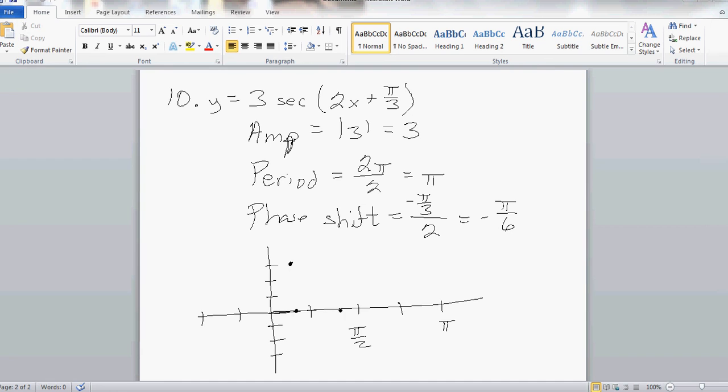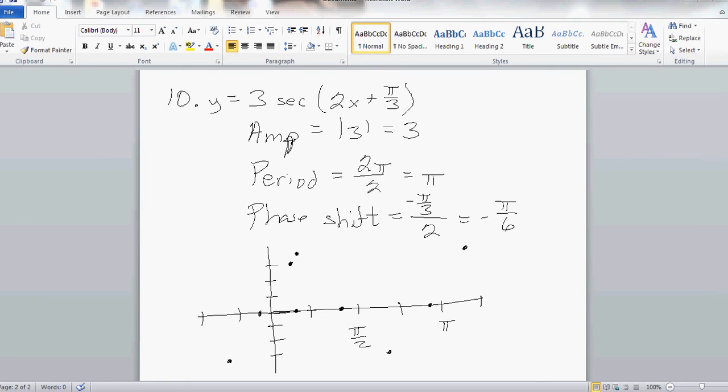So 2/3 of the way here would go to 0. 2/3 would go to the minimum. 2/3 would come back to 0, and 2/3 would go up to the maximum again. Then going this way, 2/3 here would be back to 0, and 2/3 would be at the minimum.